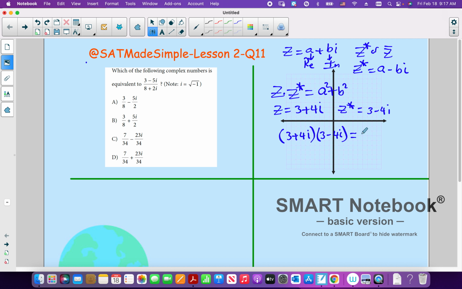Automatically you should get a squared, which is 3 squared, plus b squared, which is 4 squared, and in this case that should produce 25.